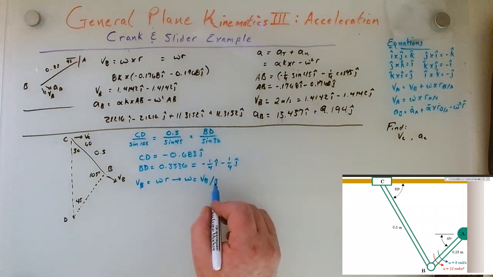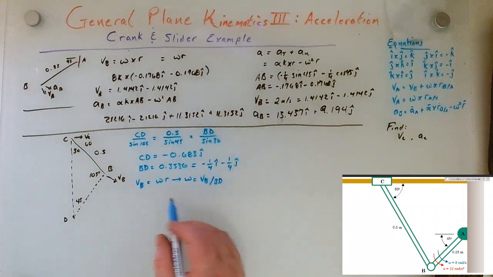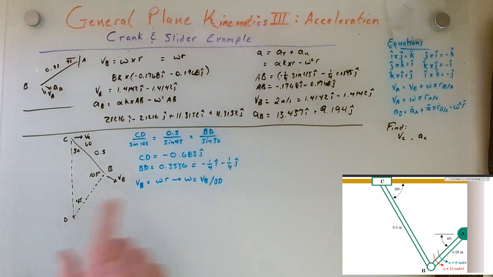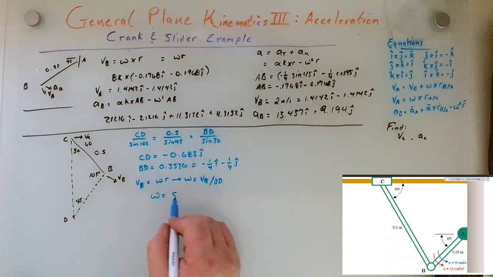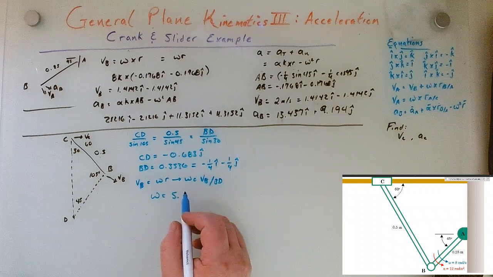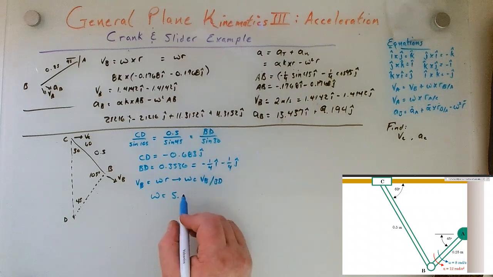So BD, and what is that? 2 divided by that guy gives us 5.657. So we have omega equals 5.657.